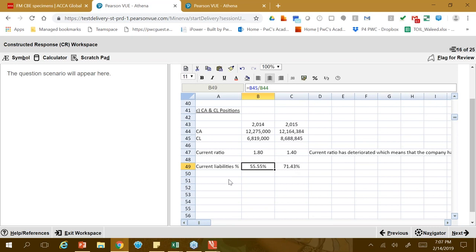Now, can you tell me what sort of policy this is hinting at? So if a company has used about 55% short-term funds, this is close to which policy? Is it the aggressive policy where more reliance is on short-term funding? Is it the matching policy where it's balanced out?